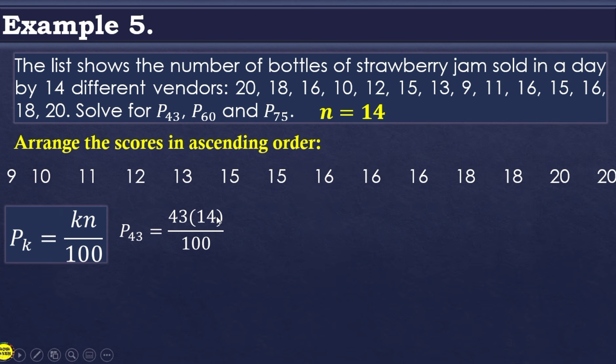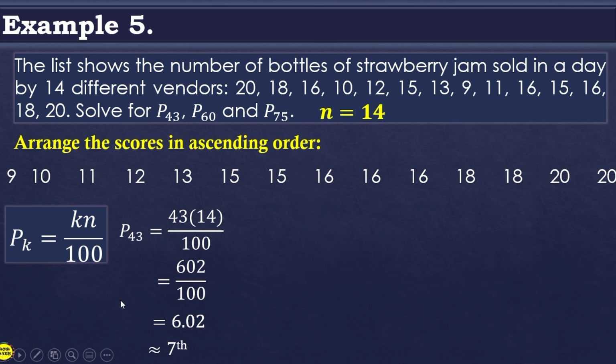So, 43 times 14, the answer is 602. 602 divide 100, the answer is 6.02. So, sabi kanina dun sa previous slide natin, kapag hindi whole number yung sagot, i-round to the next whole number yung sagot natin. Since decimal to, so magiging 7.